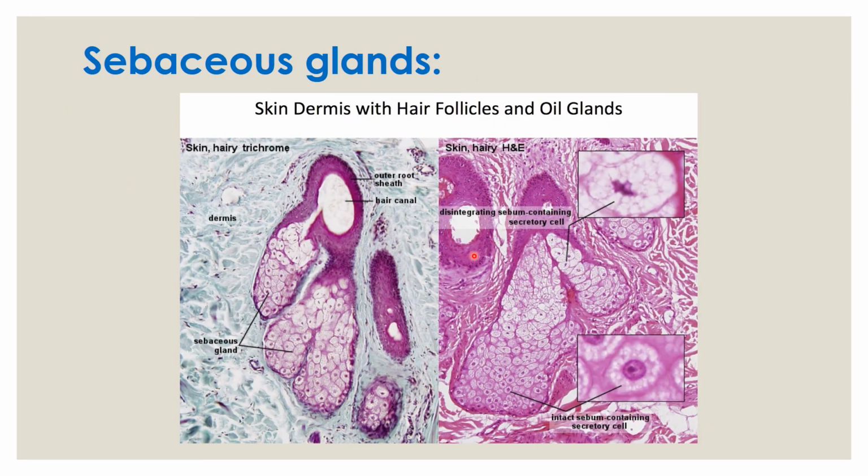Now, sebaceous glands are the branched acinar glands, and these branched acinar glands pour their secretions into the common duct.